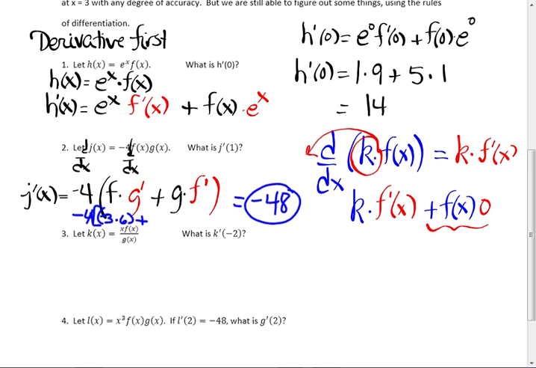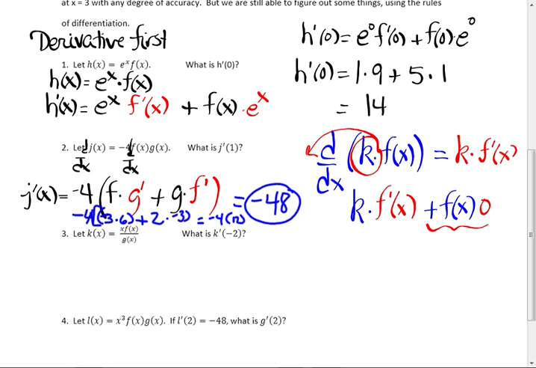Negative 48. What's g of 1? And f prime of 1 is? Negative 3. So I get 18 minus 6. So it's equal to negative 4 times 18 minus 6, which is 12. Okay.